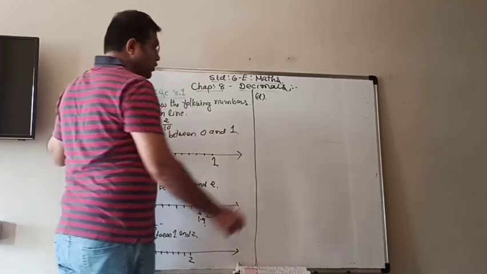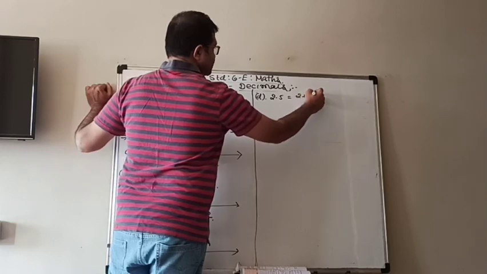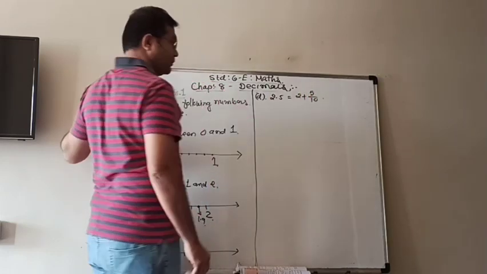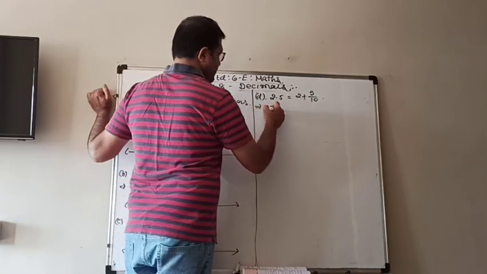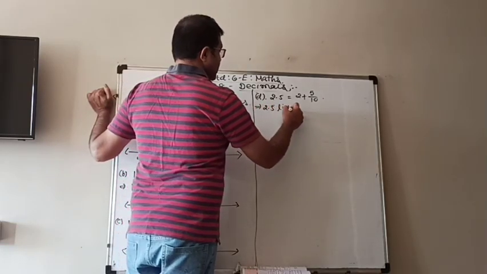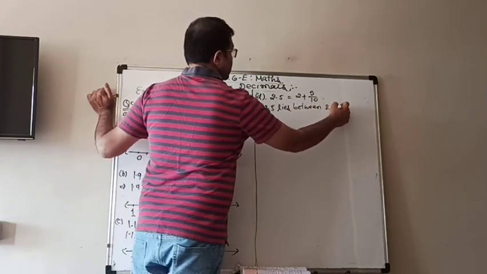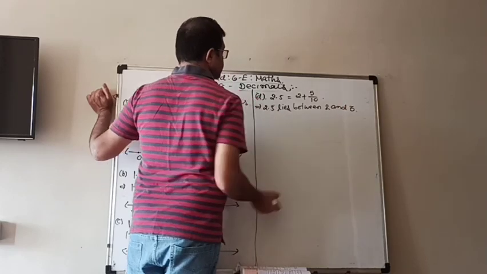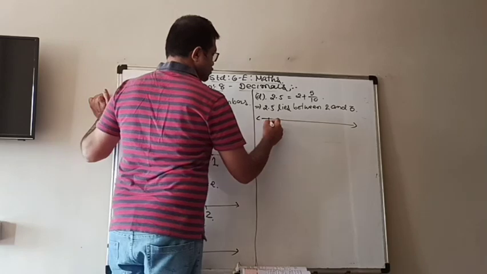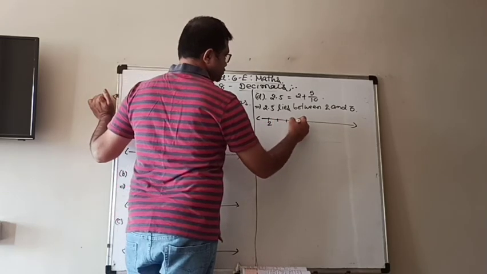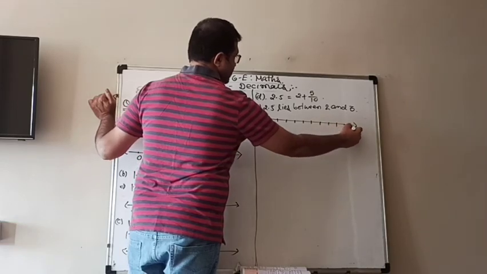The next is 2.5, which we can write as 2 plus 5 upon 10. So it lies between 2 and 3. Now we will take 2 here, then 10 parts: 1, 2, 3, 4, 5, 6, 7, 8, 9 and the 10th part is 3.